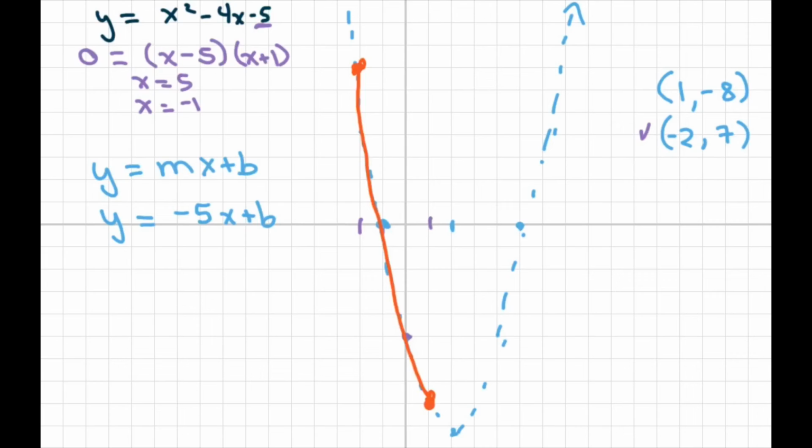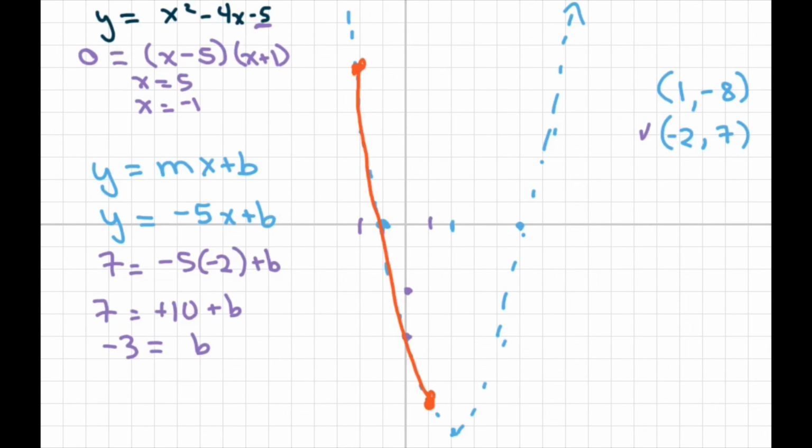It doesn't matter which one you use. So 7 equals -5 times -2 plus b. So you get 7 equals positive 10 plus b. So b equals -3. So that means our y-intercept is -3.